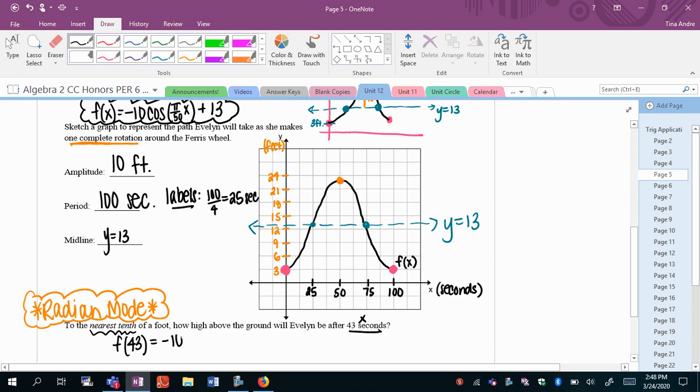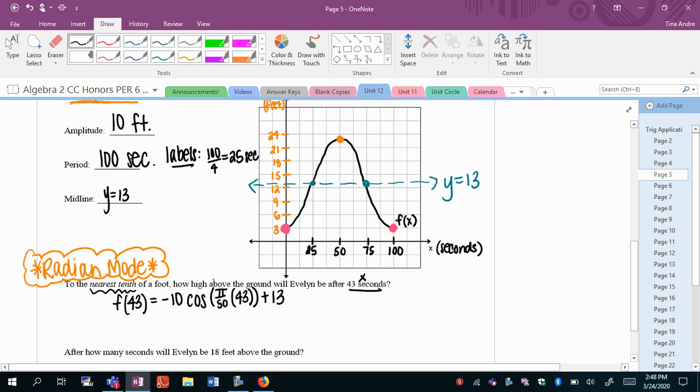So negative 10 cosine pi over 50, and I'm going to plug in 43, plus 13. Notice I close that parenthesis. All of that has to go together. You have to be in radian mode here because we're inserting something in radians. We've used 2 pi as our period, 2 pi radians, and we're inserting it into a cosine function.